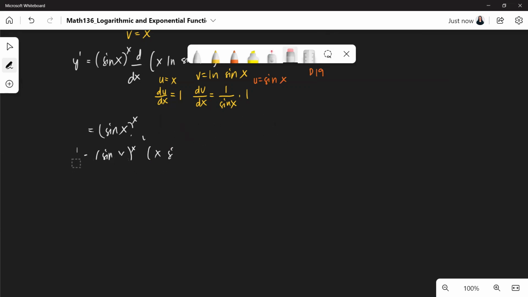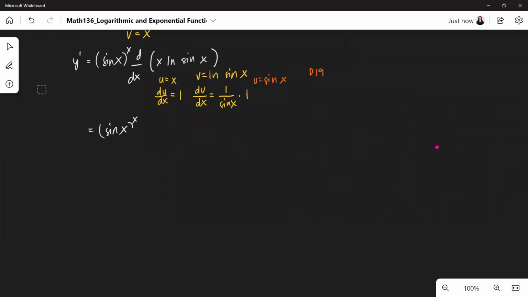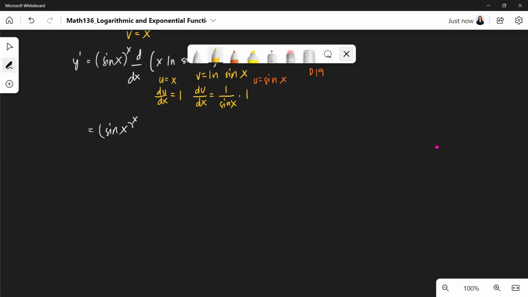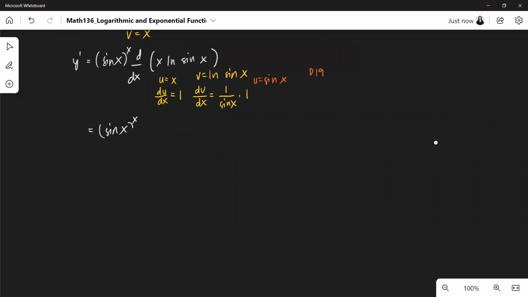So again, the derivative of ln of sine of x. That would be 1 over u, using D19, 1 over u times the derivative. So let me write it down so it can be seen better. Multiply it with the derivative of u, and u is sine of x.